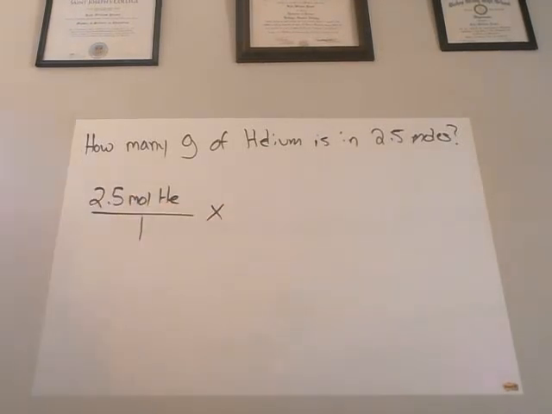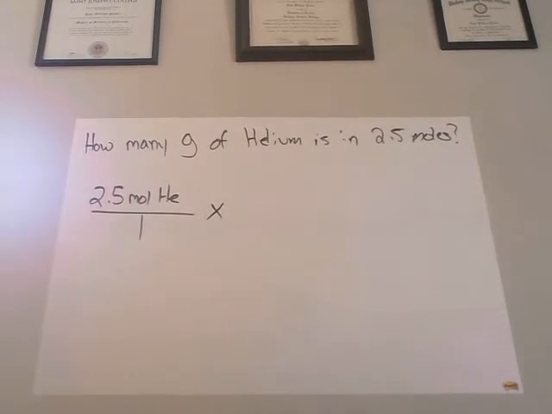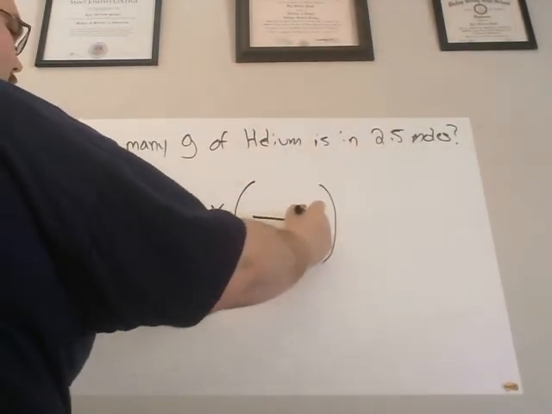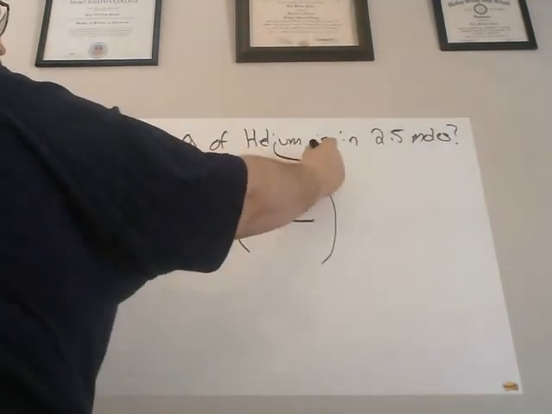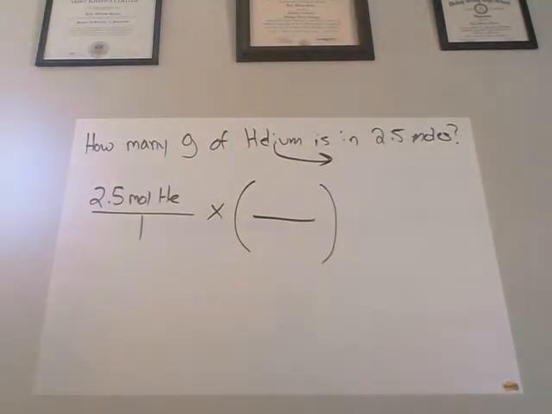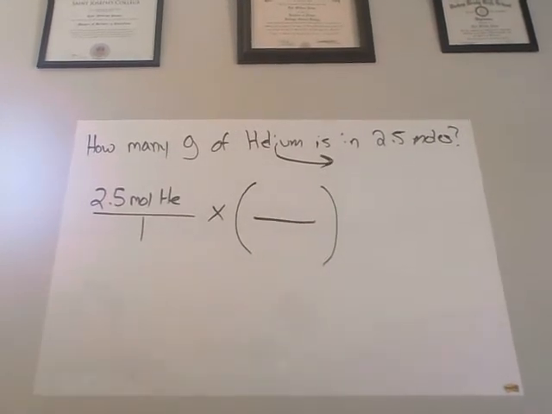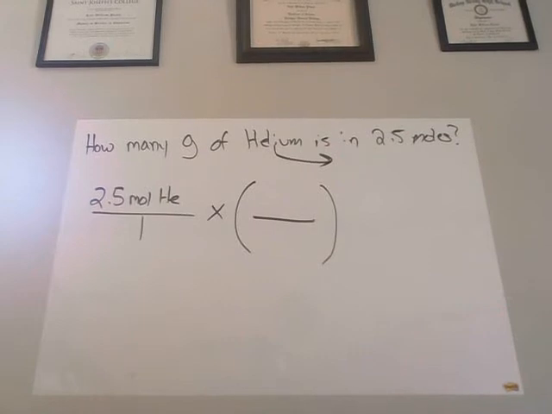And I'm going to multiply by our conversion factor, which is the molar mass of helium. We can find that on the periodic table. We're going to put this in parentheses again, some sort of fraction, but we need to know what the molar mass of helium is. Hang on, let me get my periodic table.